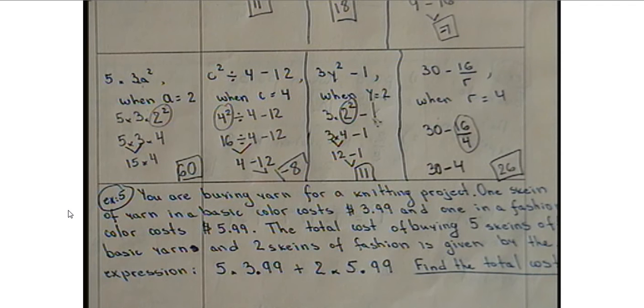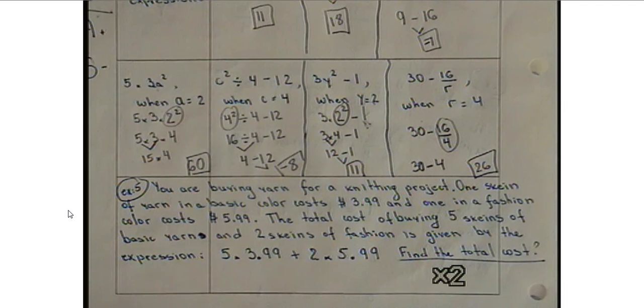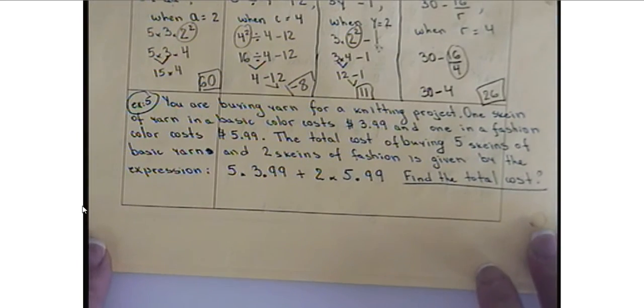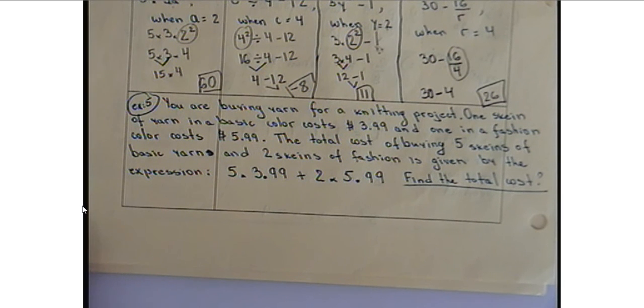Alright, and one last example. This is a real life example that involves some positive and negative numbers, integers, and also you will see how they could be used combined as expressions, so we can find what we're looking for. You're buying yarn for a knitting project.